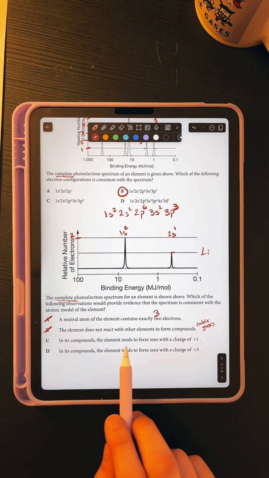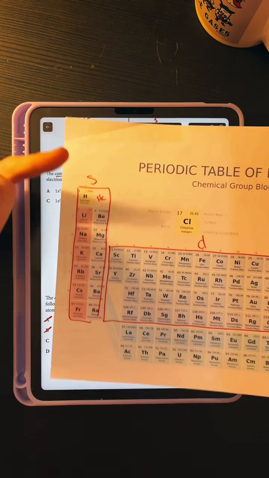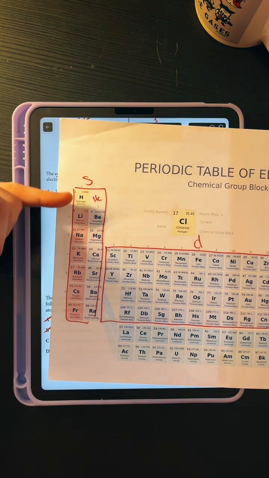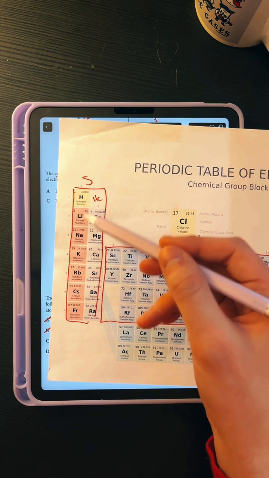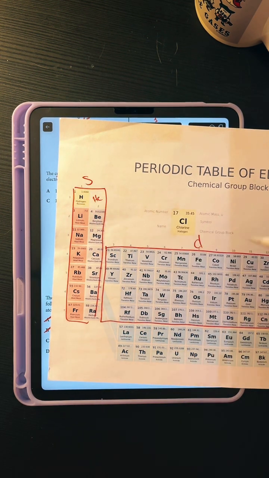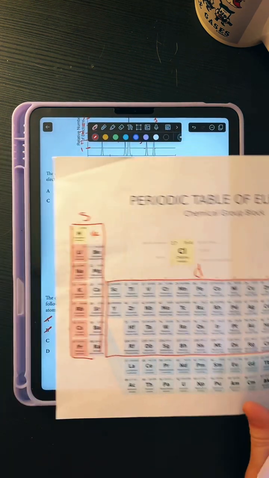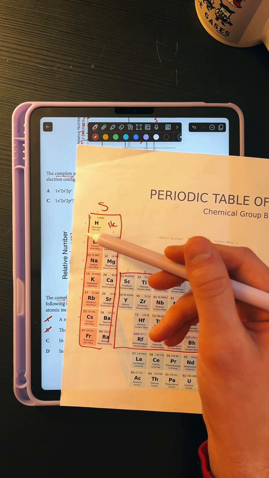In its compounds, the element tends to form ions with a charge of +1. Well, if we look at where lithium is on the periodic table, lithium is in group 1. And because it's a metal, it's to the left of this staircase. It forms positive ions, cations.